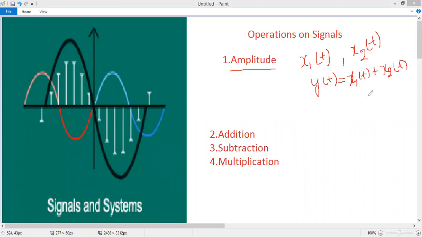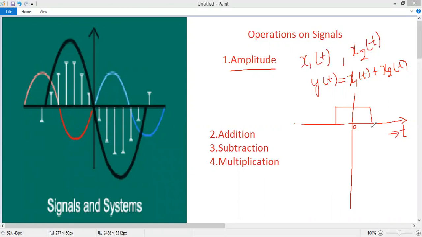For the better understanding, I am going to give you the graphical representation. I'm going to explain through graphics. So now I have a signal x1 of t like this. This is the 0 point. This is my time axis.